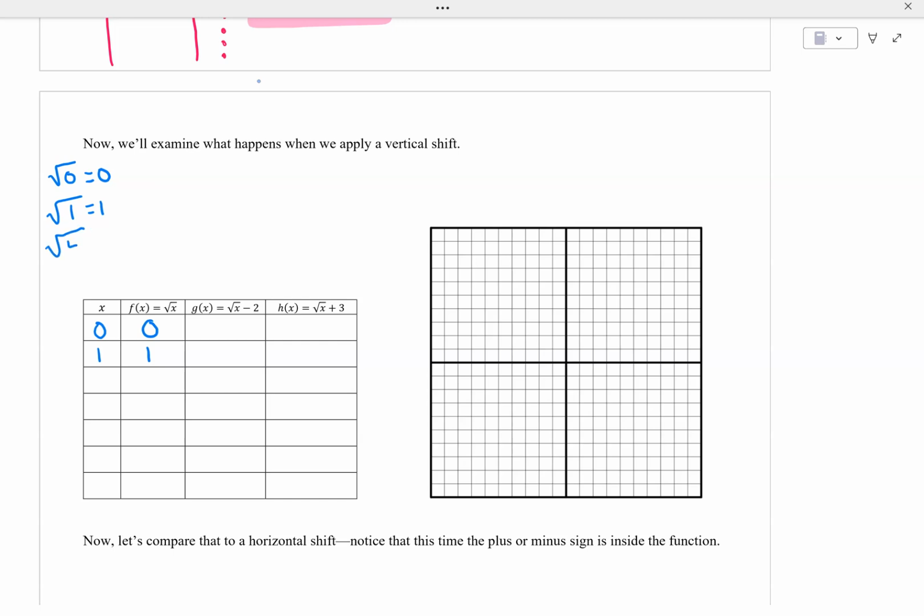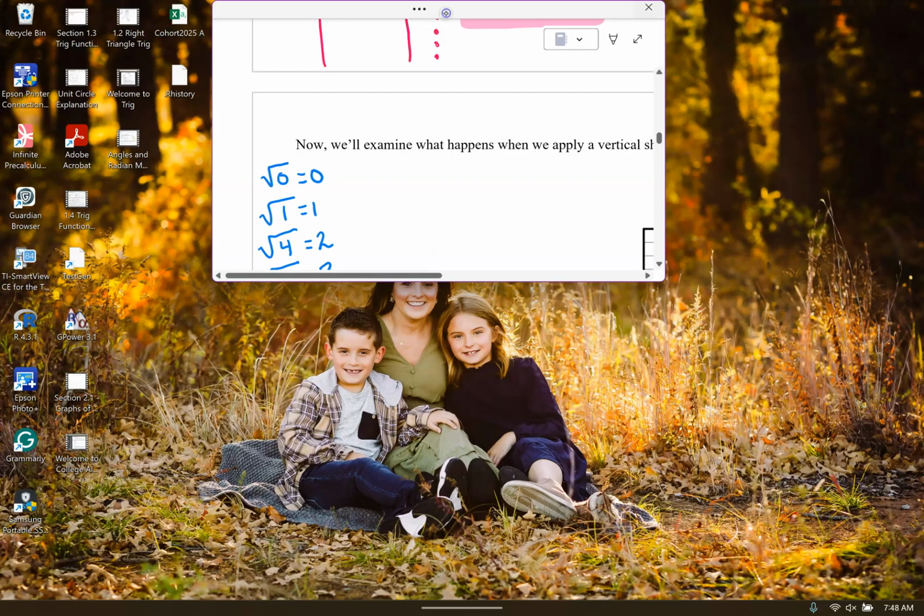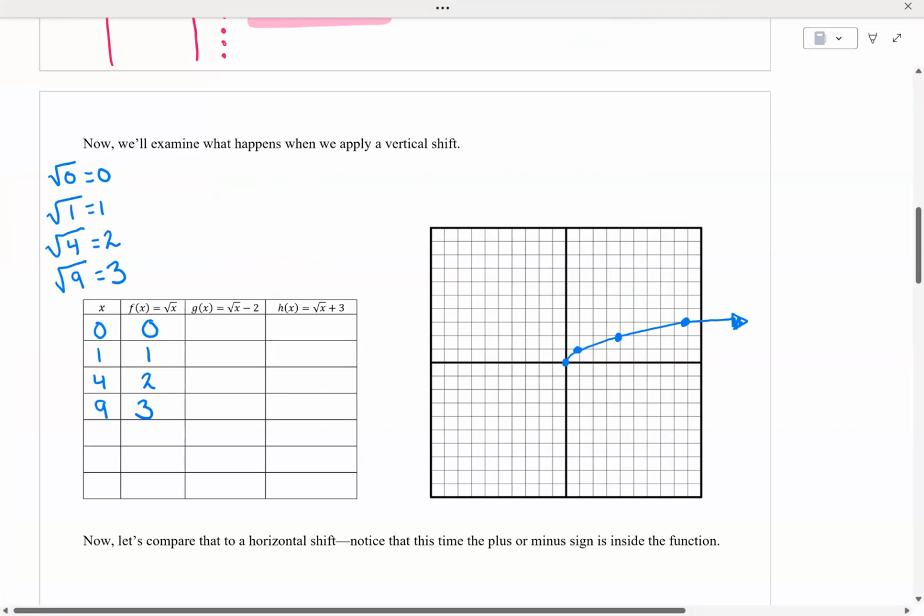We know that our next number is 4. The square root of 4 is 2. The square root of 9 is a 3. So for our original function, we have 0, 0, 1, 1, 4, 2, and then 9, 3. So there is our original function. And we will regraph that throughout the lesson.